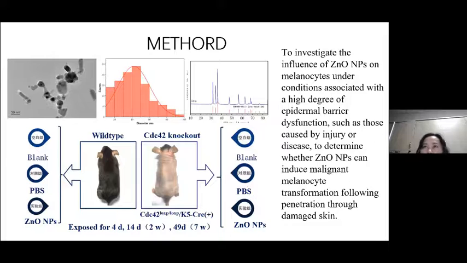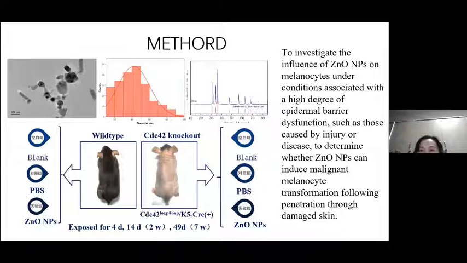Now, we can see that after exposure to the nanoparticles, the water content of the skin of the CDC42 knockout mice is much lower than in other groups, treated or untreated. And we can see the skin turns dark when exposed for 2 weeks and 7 weeks.